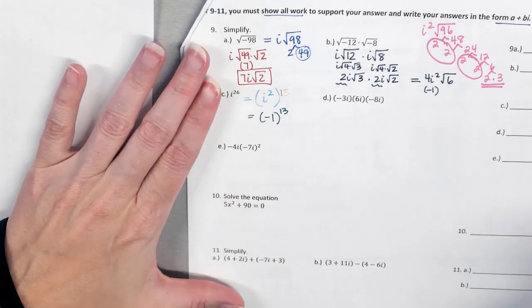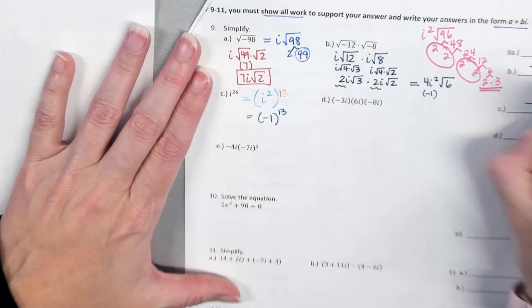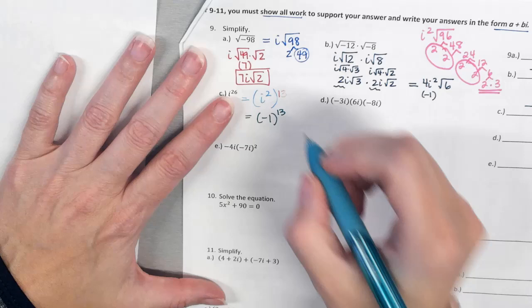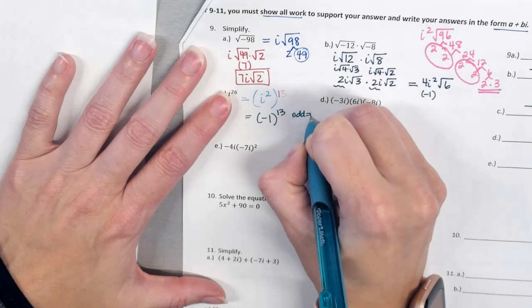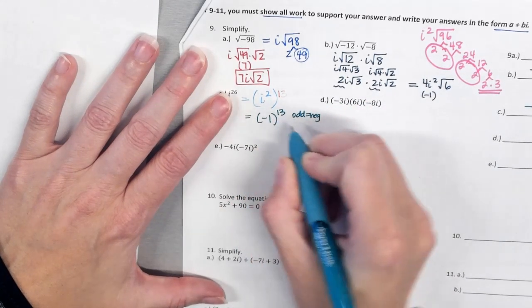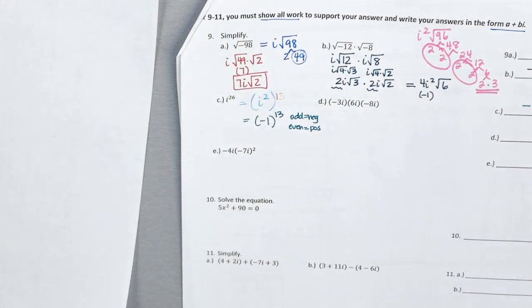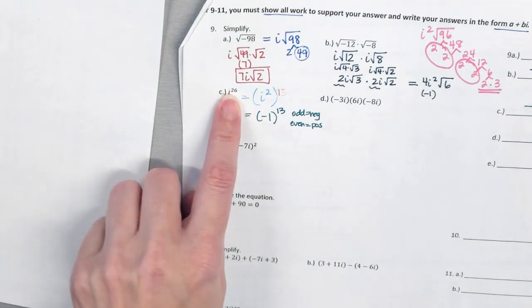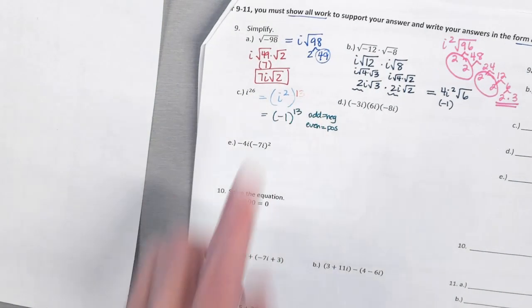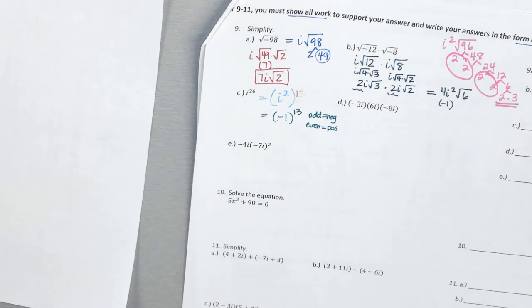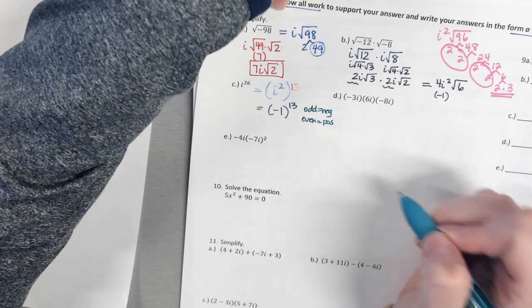Is that going to be a negative or a positive? Negative. Anything to an odd power is going to be negative. A negative to an even power is going to be positive. And remember yesterday we did one with an odd exponent. If you have an odd exponent, you just multiply it by i, which we're going to see in this one.